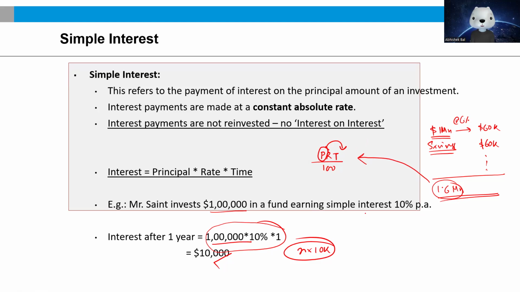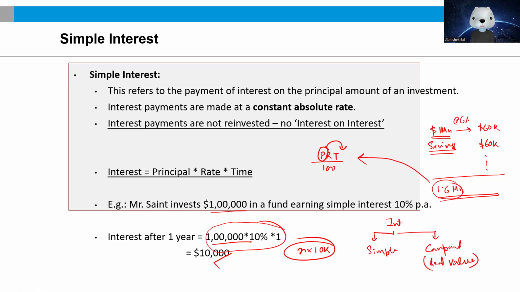And the intuitive block is that interest rates can be broadly classified into two. One is known as the simple interest rate, and another is what is known as the compound interest rate. The compound interest rate protects the real value of money, whereas the simple interest rate does not guarantee the protection of the real value of money.